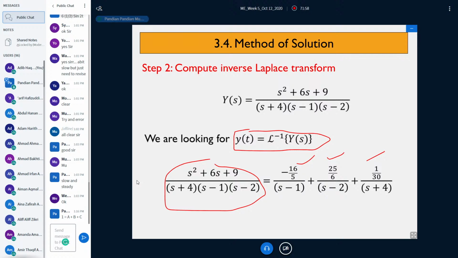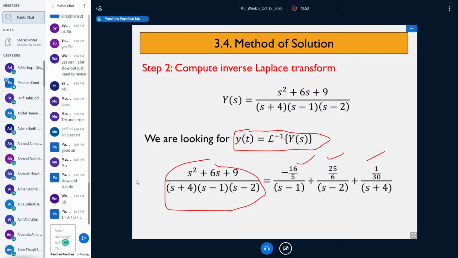So 375 minus 195, 180 divided by 30, answer is 6. So correct.